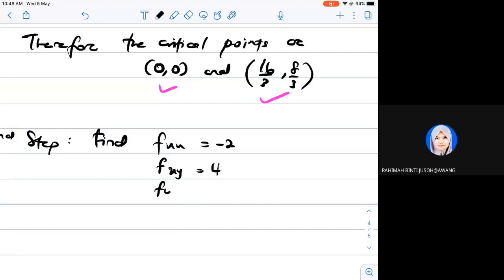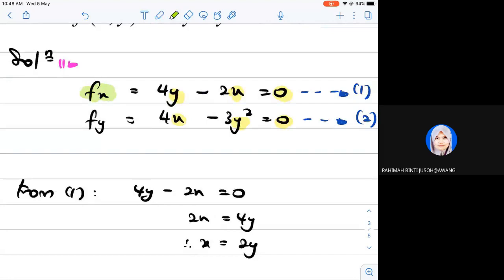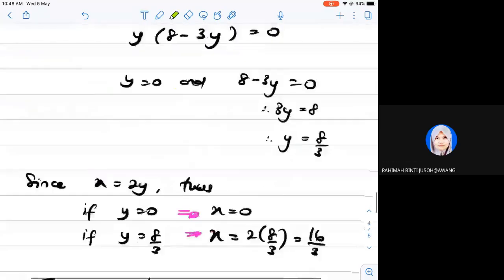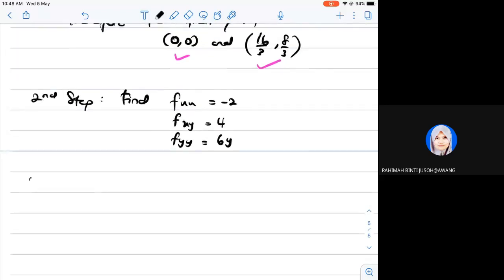And then fyy dapat apa? Negative 6y. Yes, negative 6y. Okay, good. Ada pun, negative 6y. Okay. So third step. Cari D. D equals to fxx darab fyy minus fxy squared.